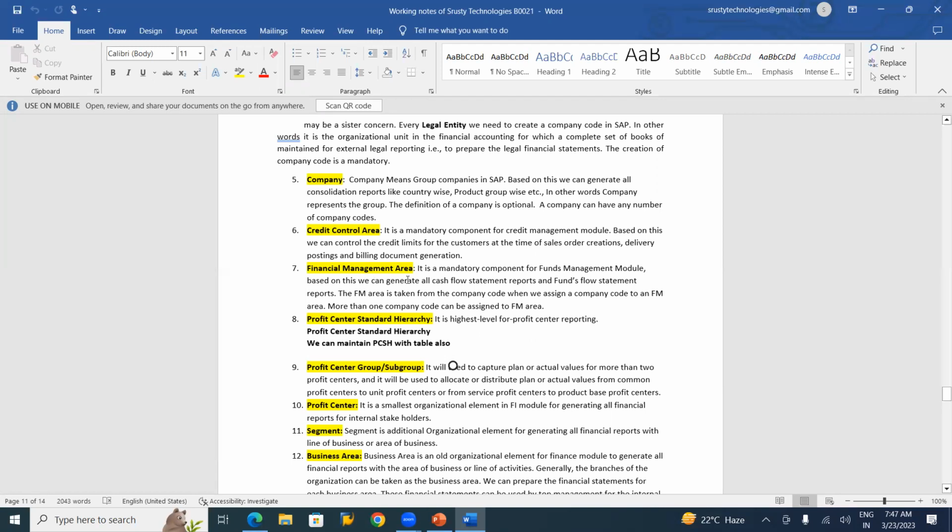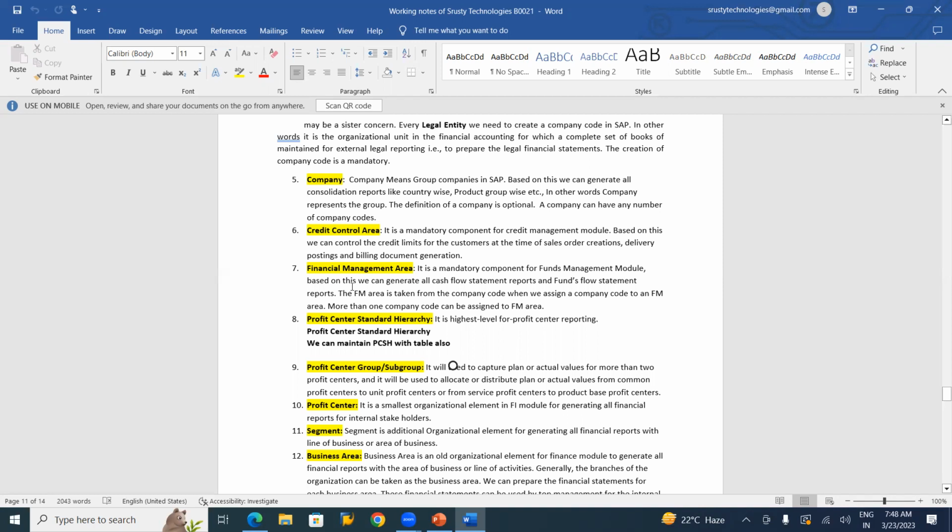Financial management area, that is not a requirement that it should have the same fiscal year of company code or the same chart of accounts. Whatever financial management area we have created can be used for any number of company codes. It's immaterial whether they are using the same chart of accounts or same fiscal year. Okay, that restriction is not required for FM areas.